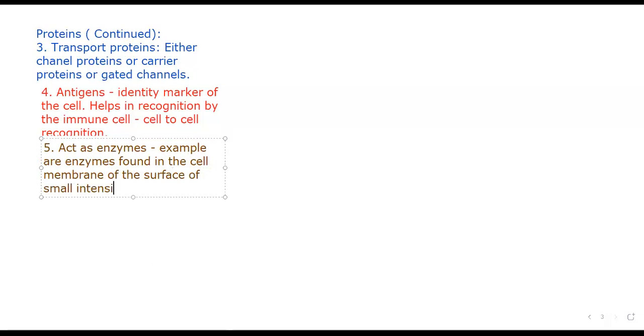In the small intestine, we can have these enzymes, and these enzymes are actually in the cell membrane. So the cells of the lining of the small intestine have these enzymes attached to the cell membrane, right? And they help in breaking down food molecules. So these are the different uses related to your proteins.